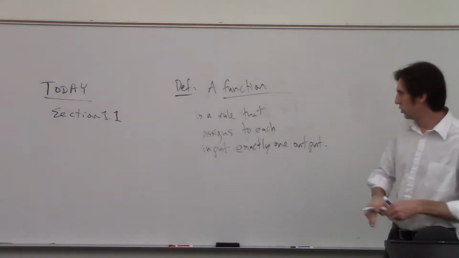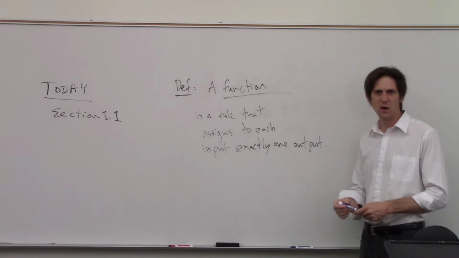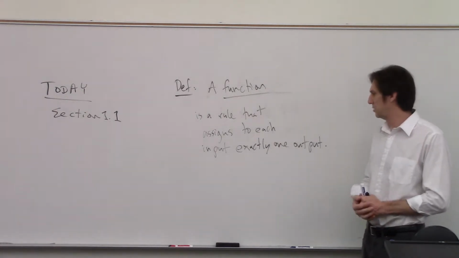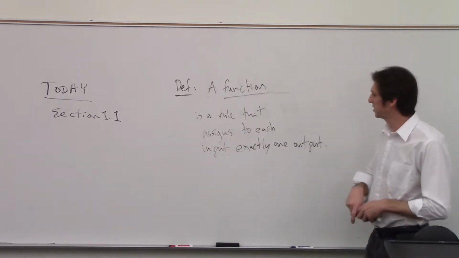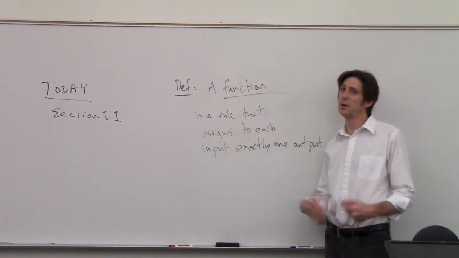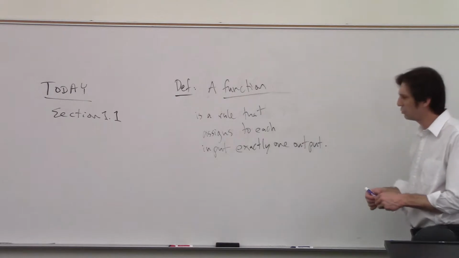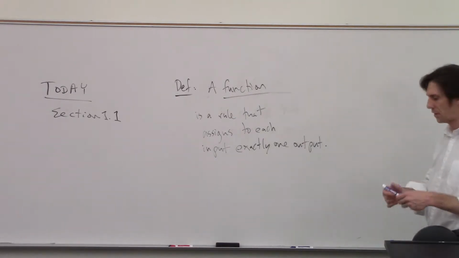And so you might ask, well, what are the inputs and what are the outputs? And really they could be many, many different things. In calculus, in this class, inputs and outputs will typically be real numbers, but they don't have to be for the definition of a function.